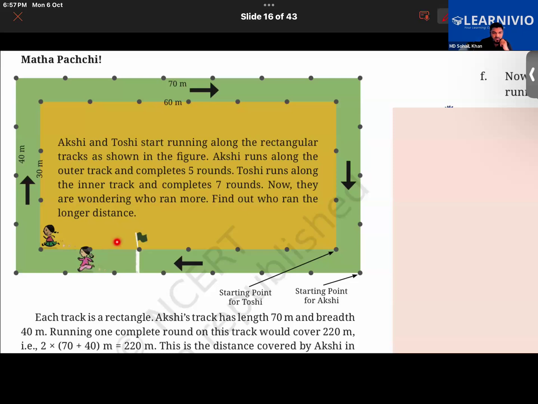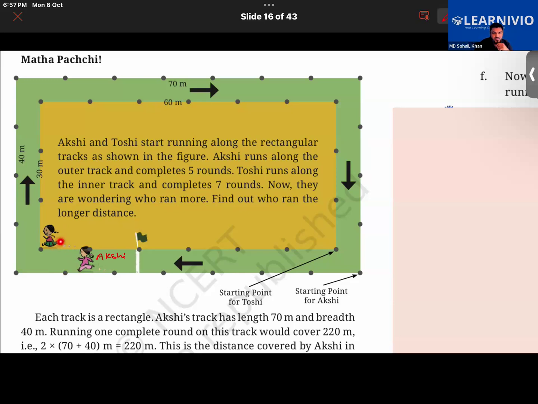One of the child is running on the outer track in the green track while the other is running in the yellow track, the inner track, right? Now who is running in the outer track? It's Akshi. Akshi is running in the outer track while Toshi is running in the inner track.